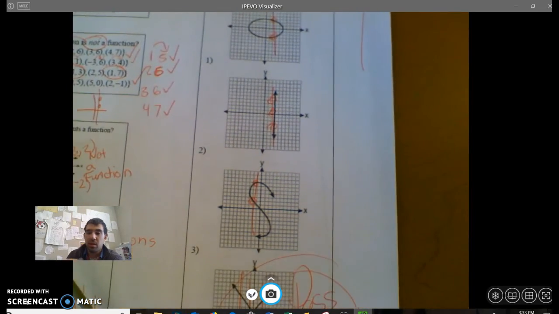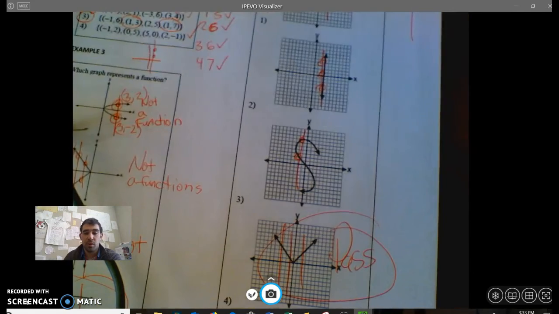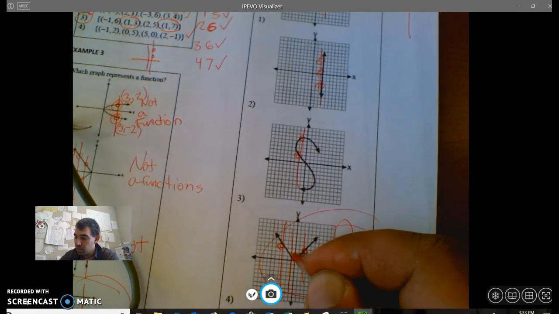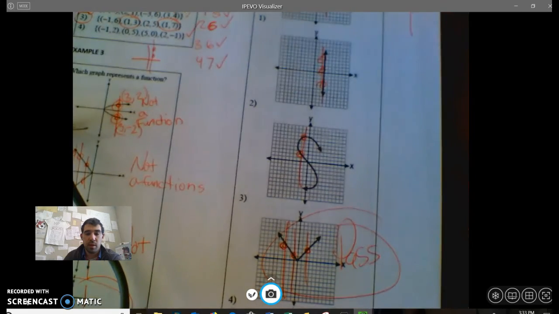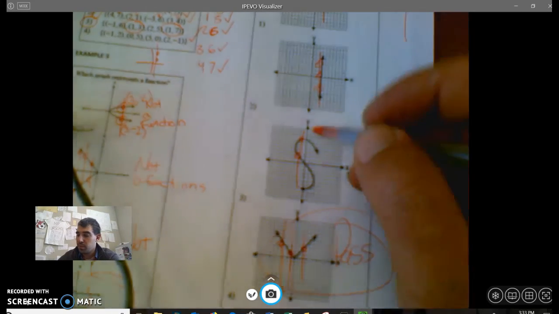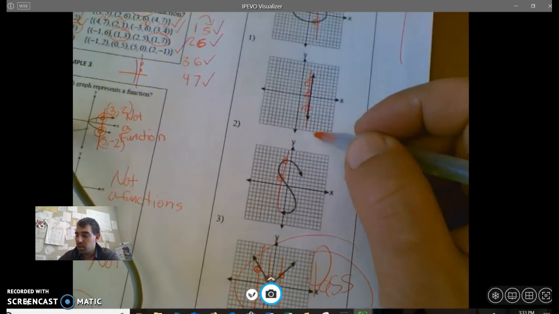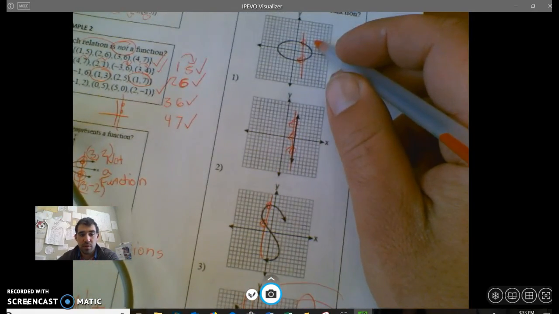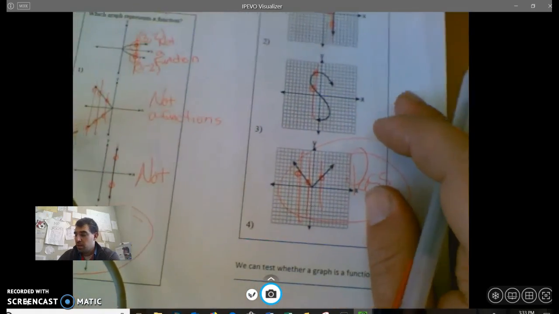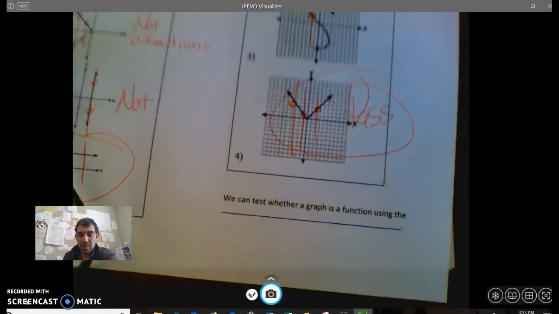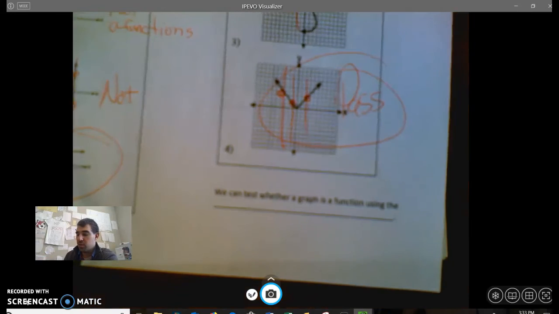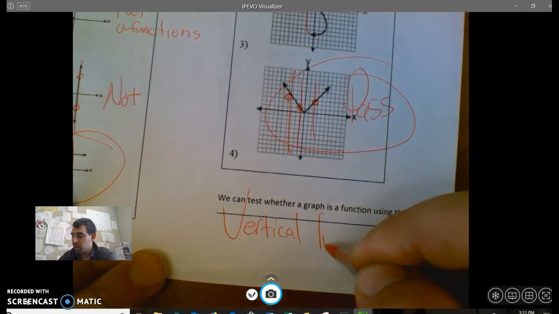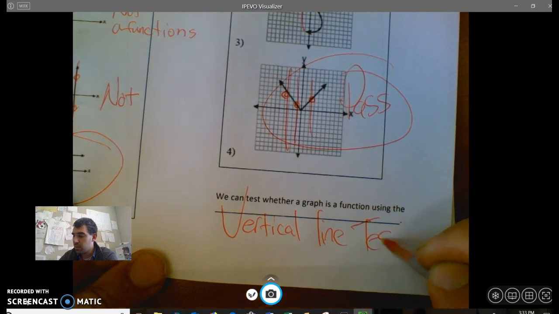So that is my function. It only hits it at one spot, no matter where I draw it. Hits it twice, hits it an infinite number of times, hits it twice. We can test whether a graph is a function by using our vertical line test.